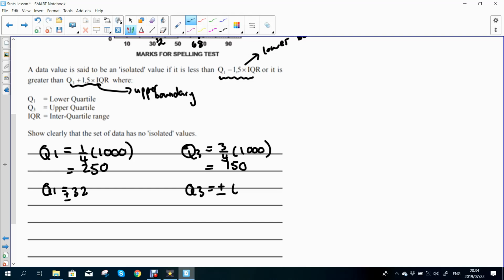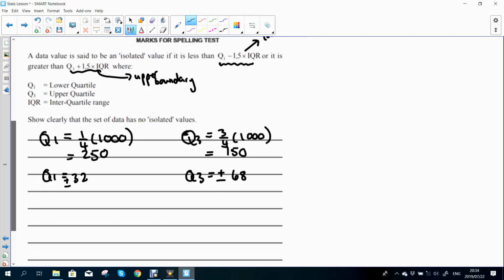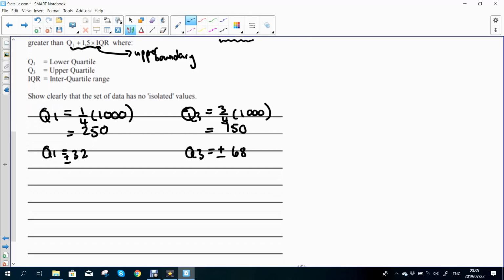Plus minus 68. And now I'm going to determine my upper and lower boundary. So my lower boundary is quartile 1 minus 1,5 times the interquartile range, which is quartile 3 minus quartile 1.